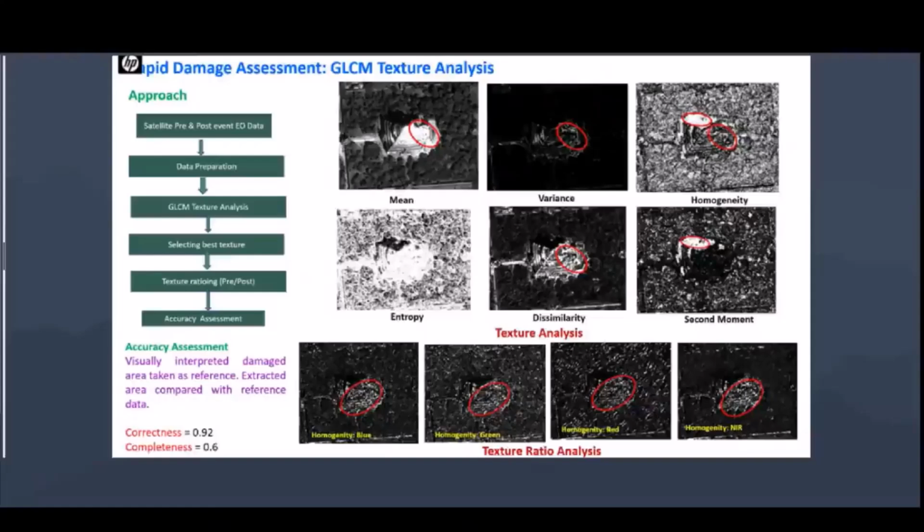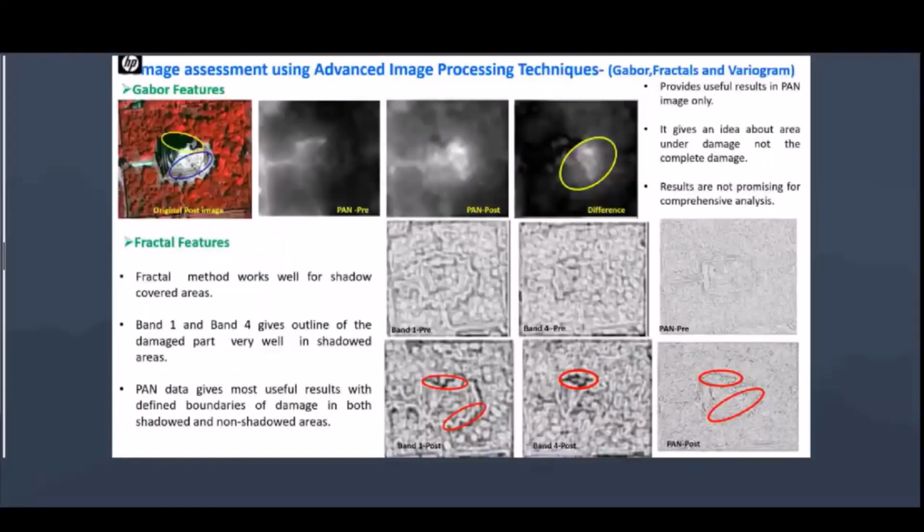These are the results of the variogram, and it is able to show us the damage area in both regions, the shadow area as well as the sunlit area. You can see this was the shadow area. In the shadow area also, the variogram is able to give us the information.